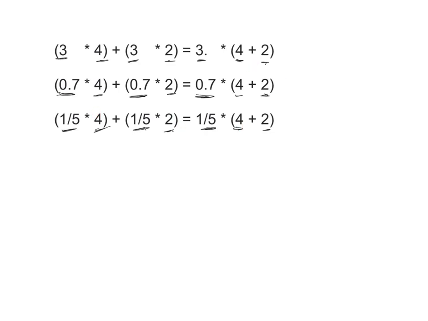Let's see what I can circle now. Here, these are all different, so I can't circle that. But look here, I have times 4 in all 3 of these, so I am going to circle that. Then I move on. Oh, I have a plus in all 3, so I will circle.